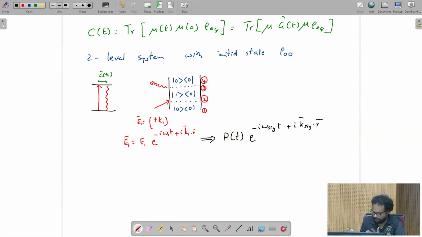And by phase matching, momentum conservation, energy conservation, omega 1 should be equal to omega signal, and k1 should be equal to k signal. So the polarization will be emitted in the same direction as the input field. Phase matching.